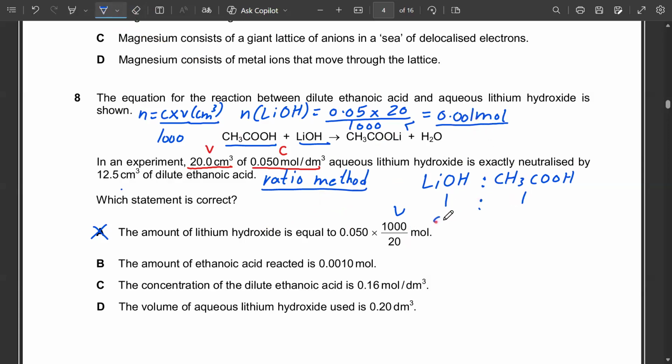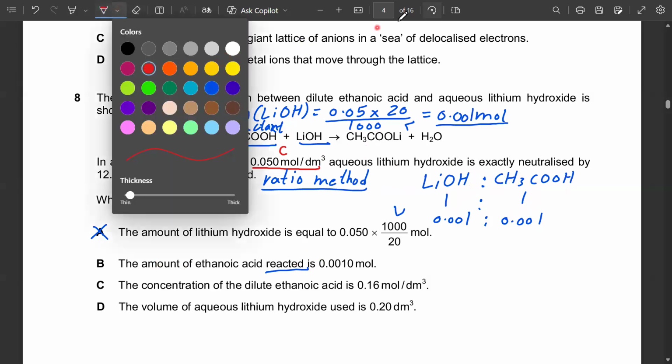So if it is 0.001 for lithium hydroxide, that will also be the same mole of the ethanoic acid, 0.001. By using the ratio method, we have checked that the same amount of the ethanoic acid has reacted. Why reacted? Because it is the reactant. Ethanoic acid is the reactant here. That's why it is the reacted amount. So according to this, we can say that B is a correct option.